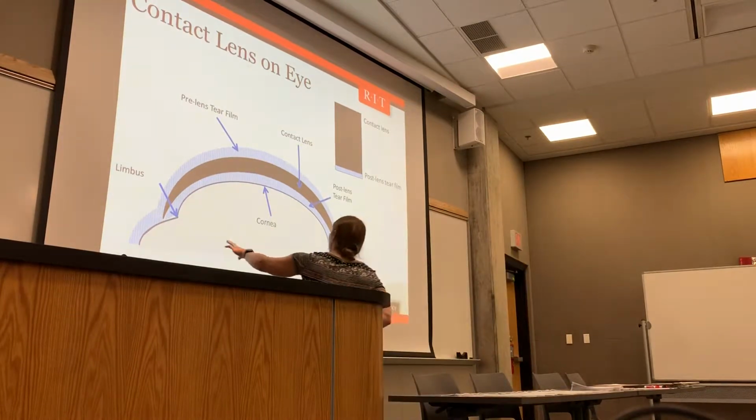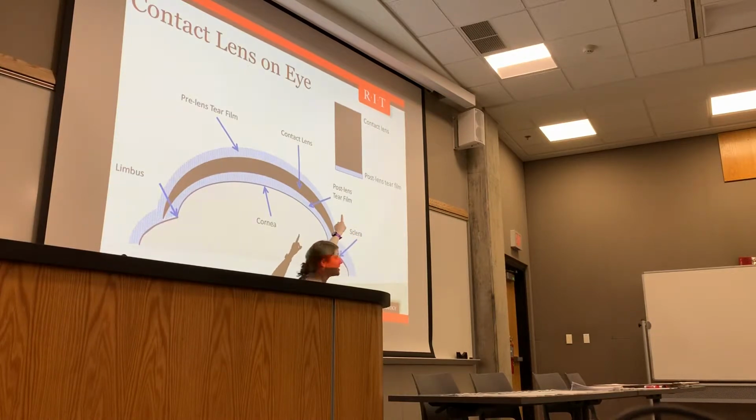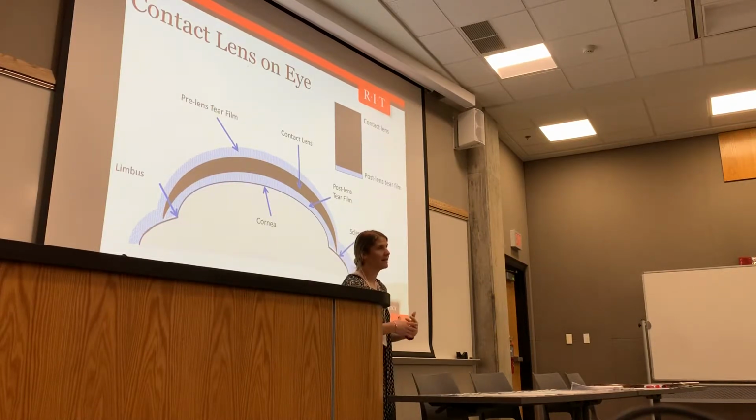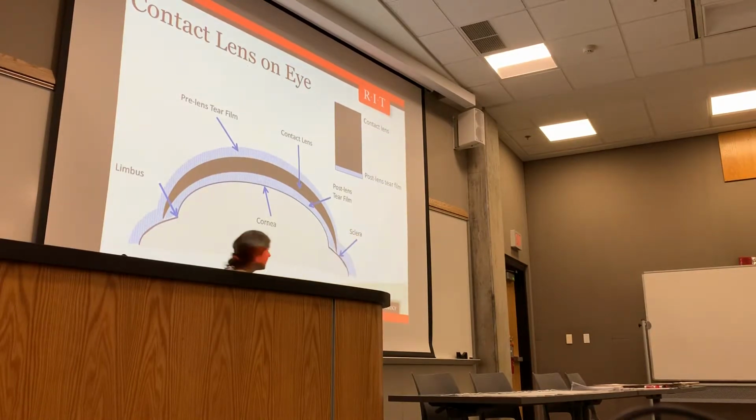And just to give you a sense of the scale, here the contact lens is much thicker than the tear film. So that, again, the tear film is a couple microns, and then the contact lens is anywhere between 50 to 200, 300 microns sitting on top. So this is sort of the configuration.